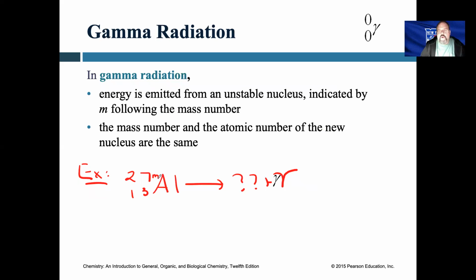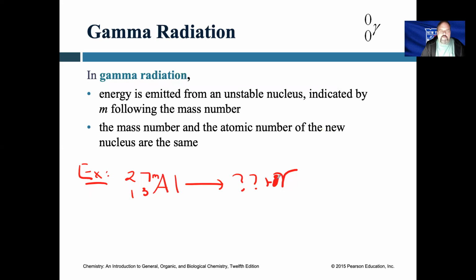Now, as we talked about, there is no change in the number of protons or neutrons in the nucleus of an atom that releases a gamma ray. Essentially, a messy room gets cleaned up, but you're not throwing anything out of the room or changing exactly what's in the room. All you're doing is cleaning it up.